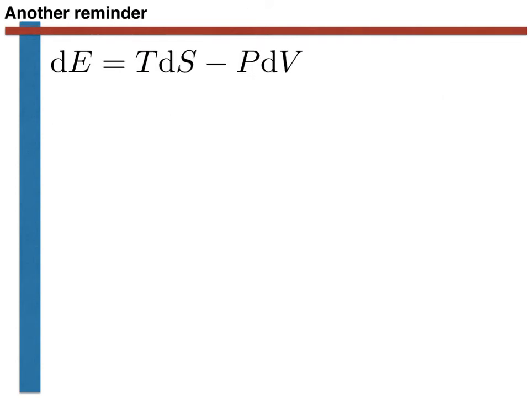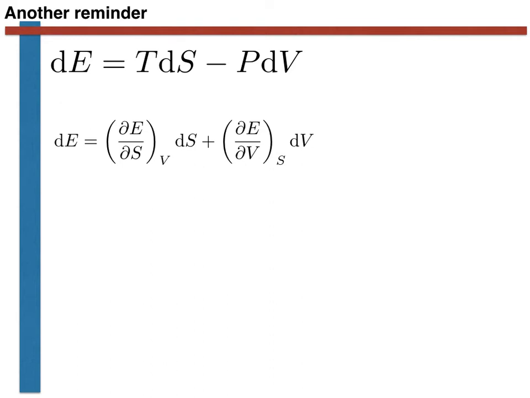Another useful thing that you could do with these definitions of the infinitesimals is as follows. If we take dE, for example, we could write it in this way, that we have learned to write it by combining the first and second laws of thermodynamics, or we can write it as follows. The second result here, with the partial derivatives, is a well-known result in the theory of partial differential equations.